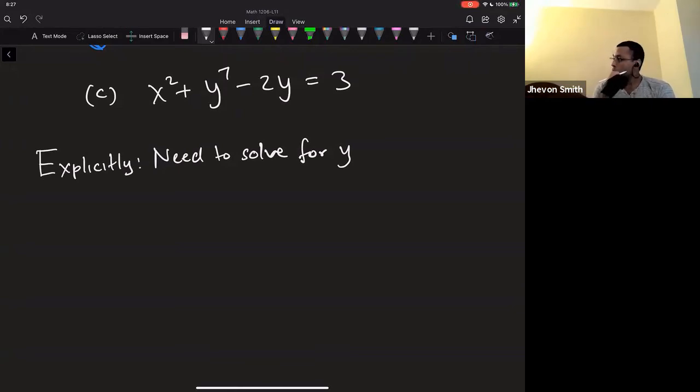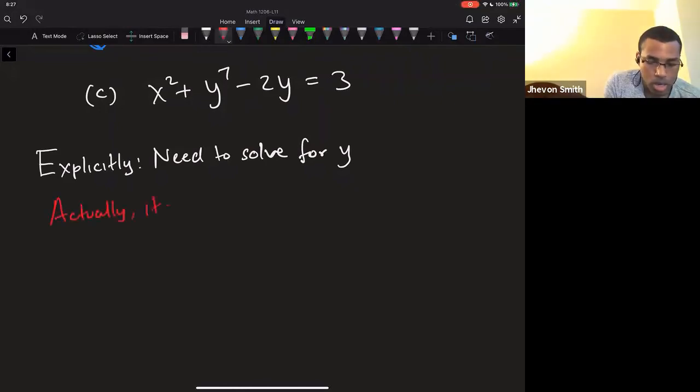So you might think, okay, just think of this as solving a polynomial with y as the variable. Try some rational roots theorem, maybe try to look up some formula to help you out. And it turns out that all of those things would be fruitless pursuits, because in this case, it is impossible to solve for y.